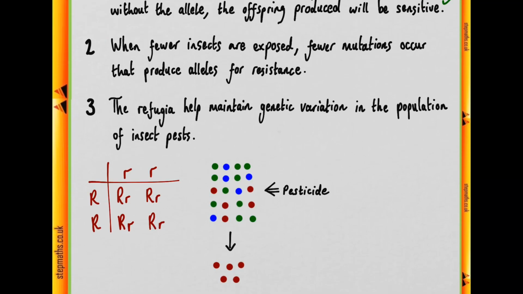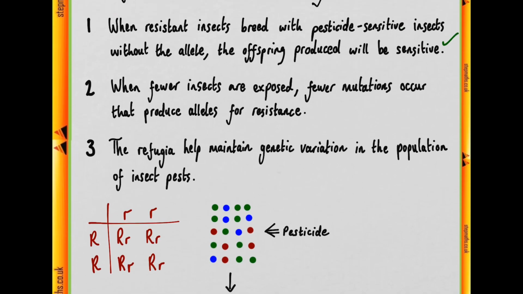So there's no reason to believe that not applying the pesticide will stop the incidence of mutation, which is ultimately what causes genetic diversity in a population, which is in itself not a harmful thing.